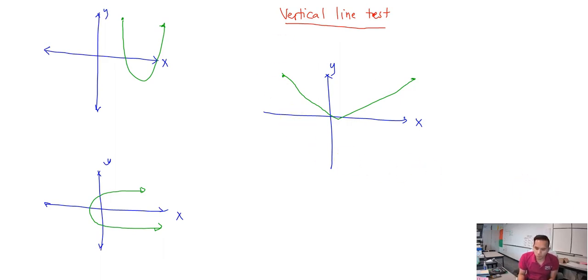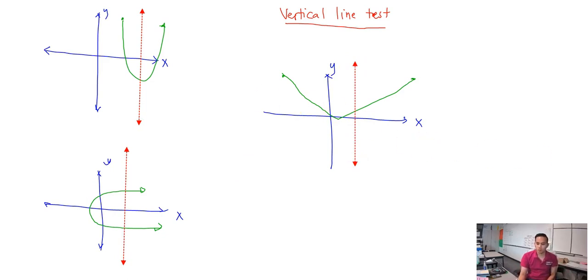For example, I'm going to draw a vertical line here, I'll just use the red. I draw a vertical line, and then another vertical line, and then another. So on every single graph I draw a vertical line.